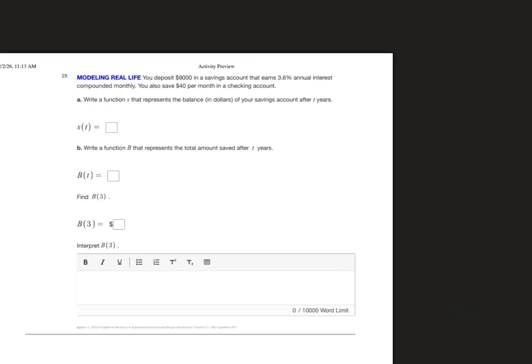19, modeling real life. You deposit $9,000 in a savings account. So here, let's start writing this thing. $9,000 that earns 3.6% interest, annual interest compounded monthly, so over 12, and there's that 12, to the t power like that.